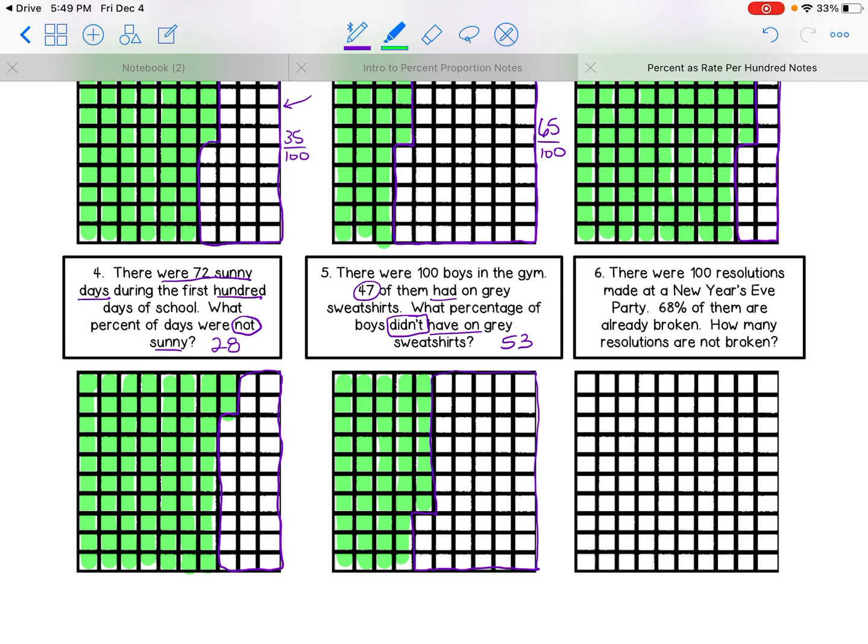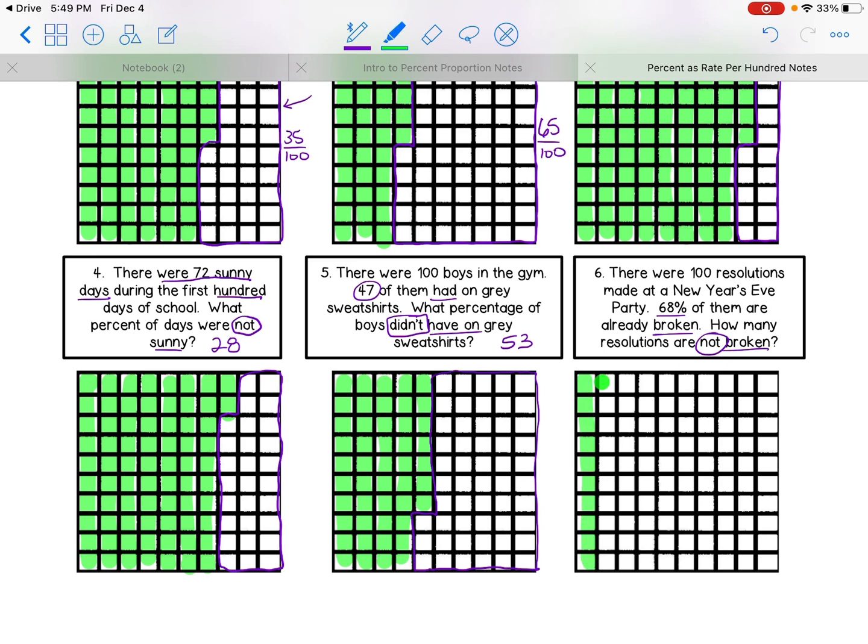One more to go, and it says there were 100 resolutions made at a New Year's Eve party. 68% of them are already broken. How many resolutions are not broken? So 68% is broken. The question says how many are not broken.